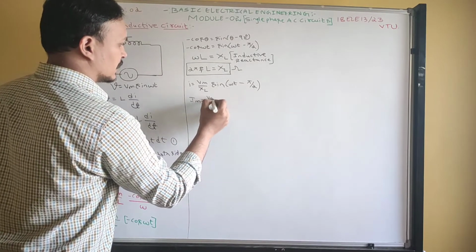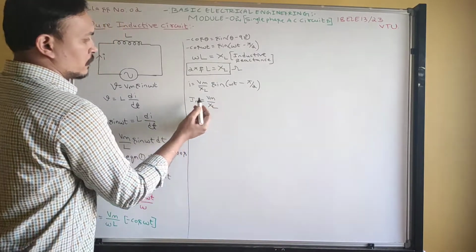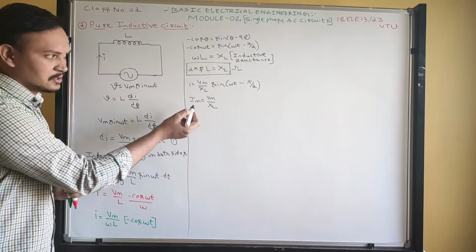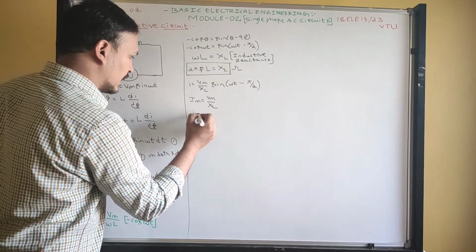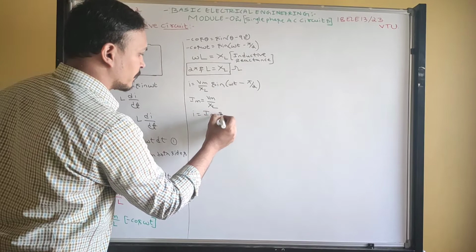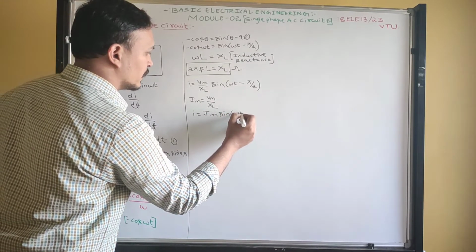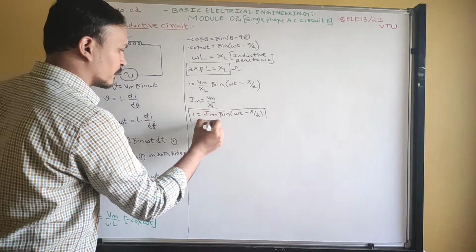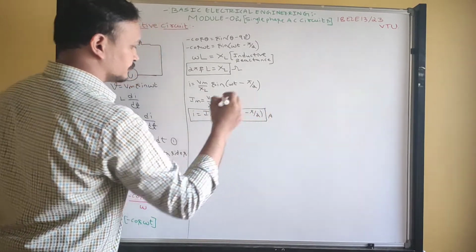Im is Vm by XL. The unit of XL is ohms, and voltage by resistance gives current. So I is equal to Im sin of omega t minus pi by 2. This is the current flowing through the inductor.